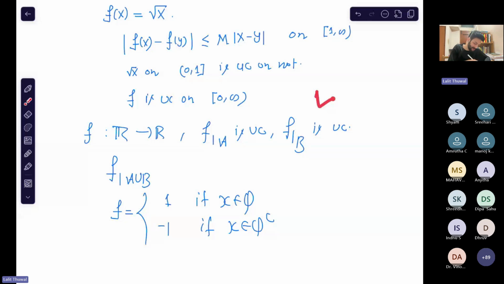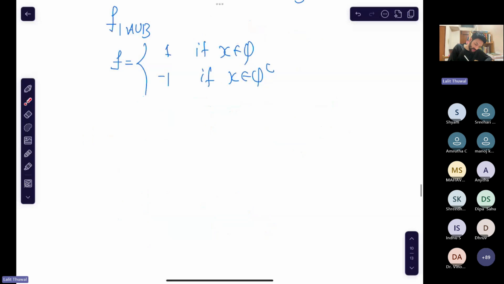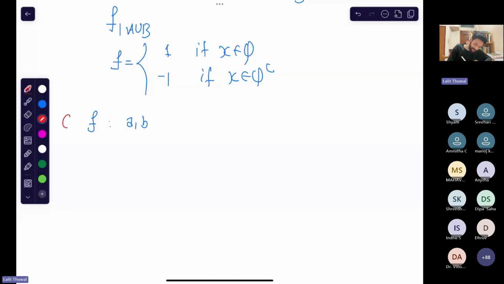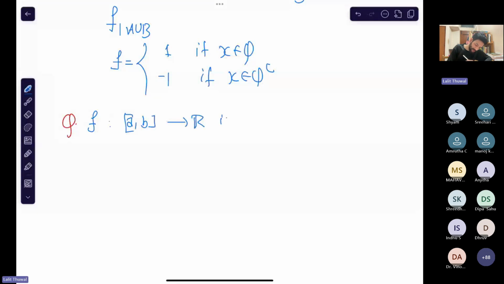Now another question. Suppose f is a function from an open interval (a, b), a finite interval, to R, differentiable.